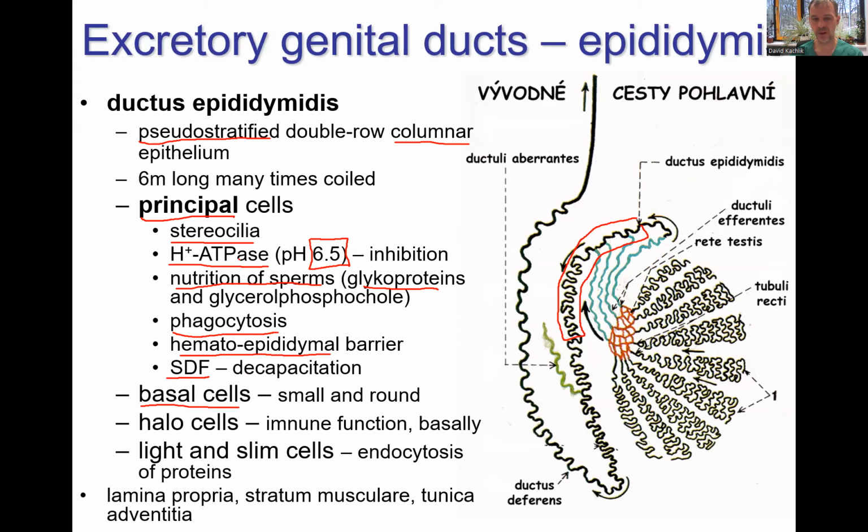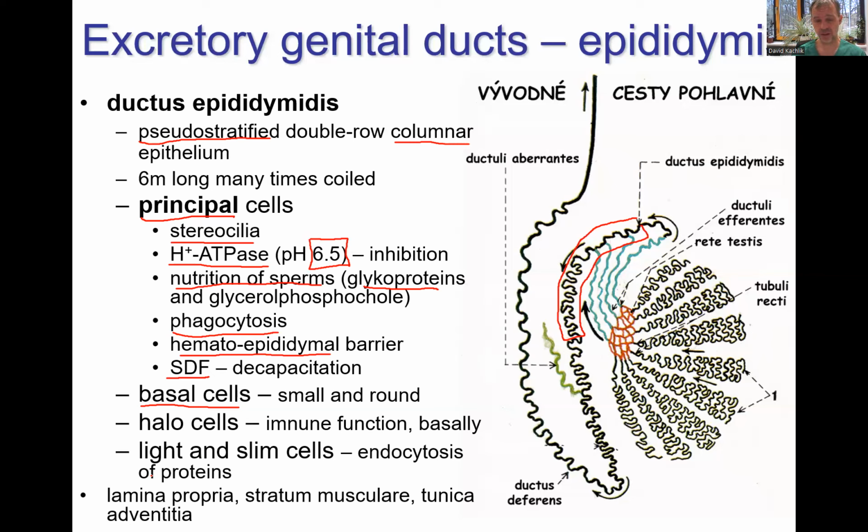So that's the final function of the principal cells, to feed them, to get rid of old ones, and to save them by the hematoepididymal barrier, and to stop their function by surface-associated decapacitation factor.